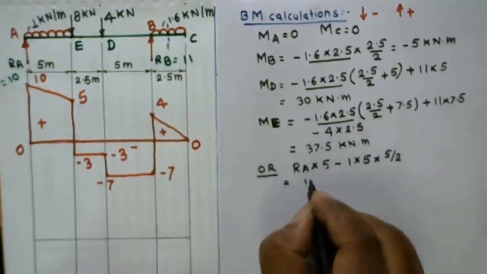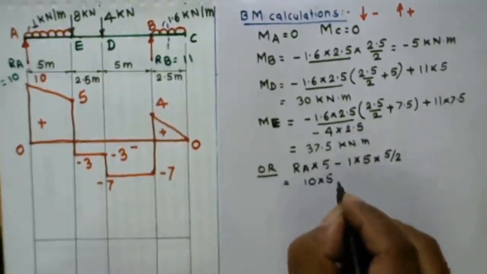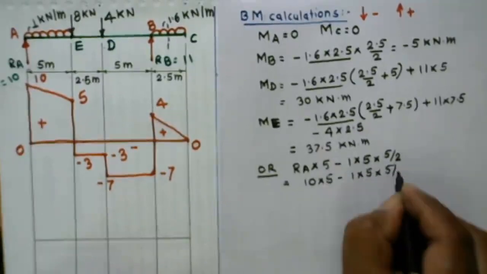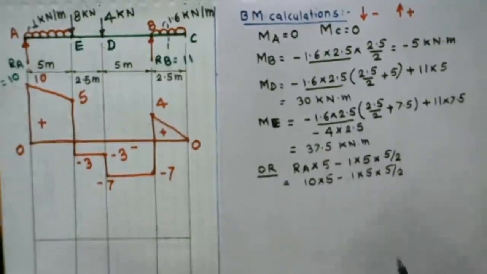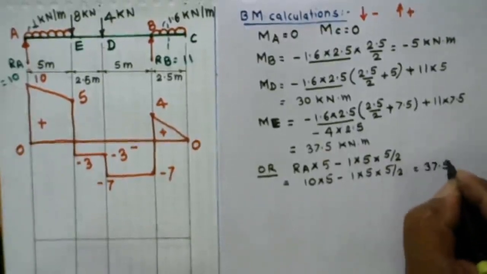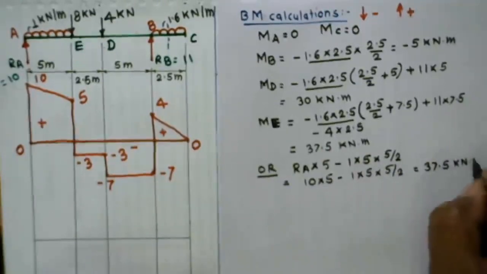So the value of RA is 10 into 5 minus 1 into 5 into 5 by 2. Again your answer will be the same, that is 37.5 kilonewton meter.